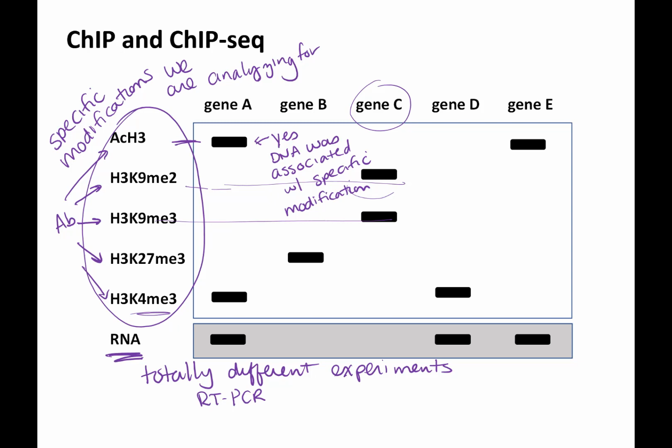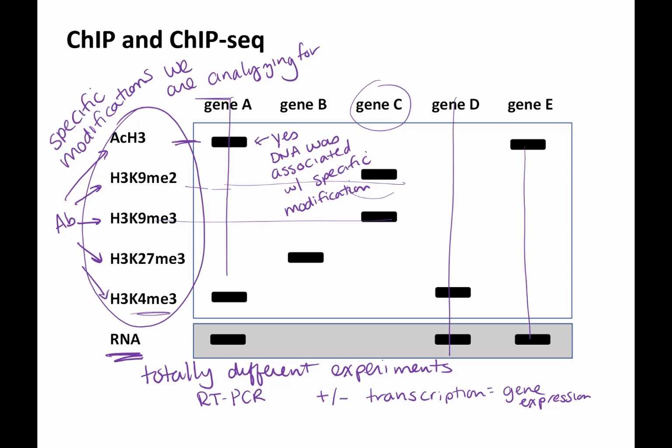This is showing positive or negative for transcription, which means gene expression. This tells you that gene E, gene D, and gene A were all being transcribed.